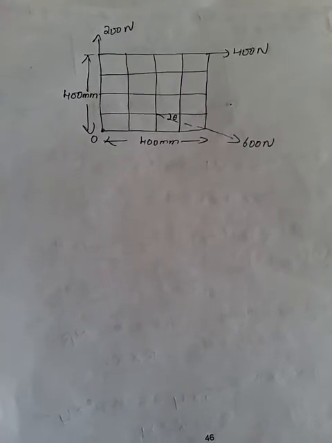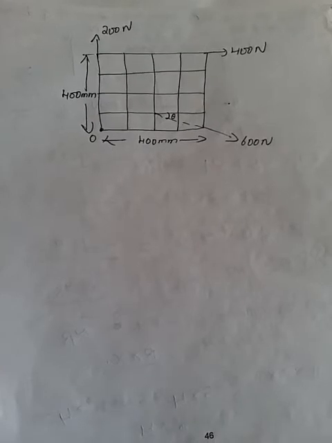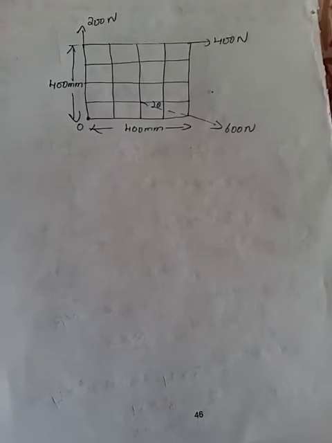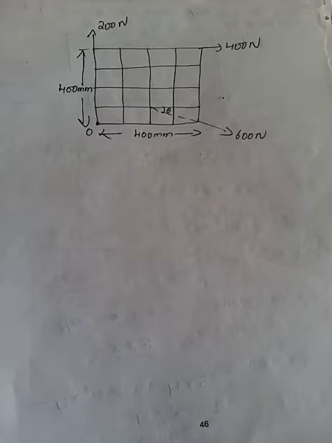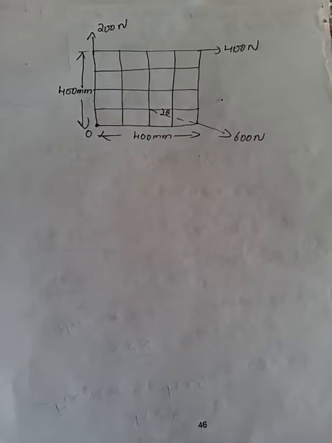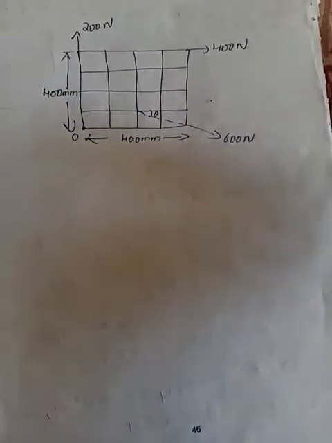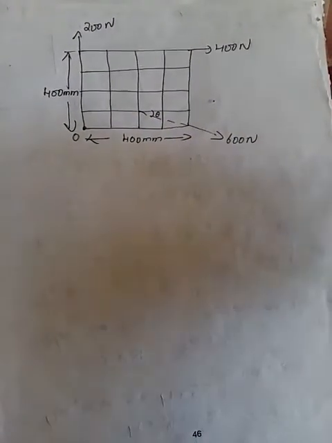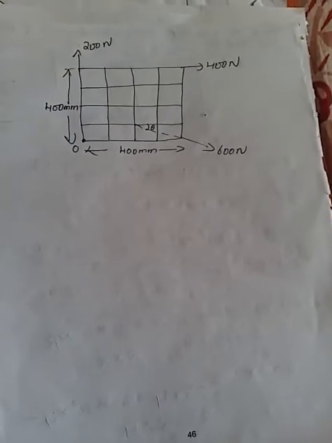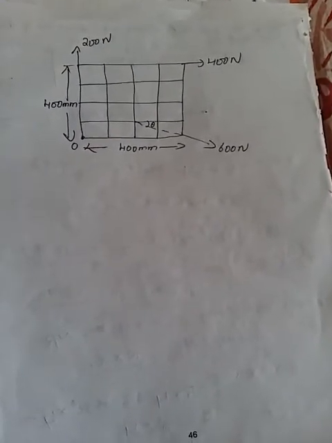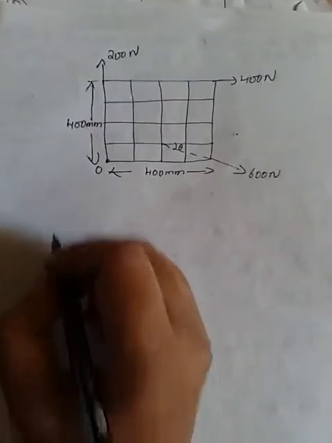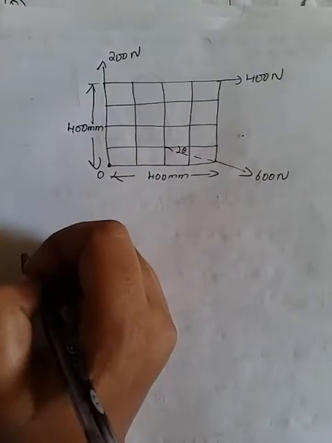Now here the question is: find the magnitude and the resultant of the force acting on the lamina shown in the figure. That means you need to find the magnitude and also the distance of the resultant along x. Now here I am going to take up this problem.